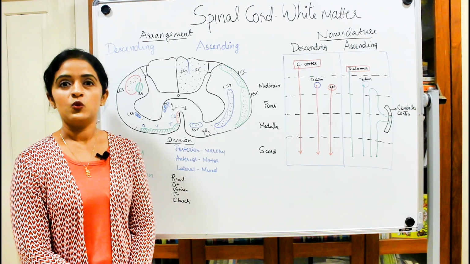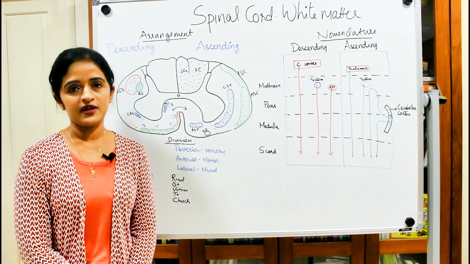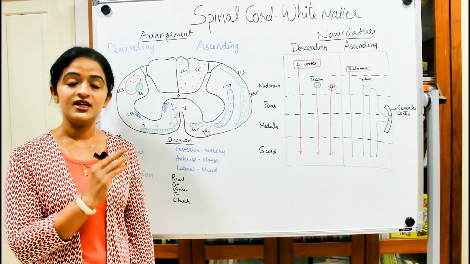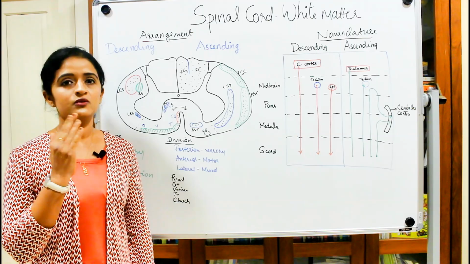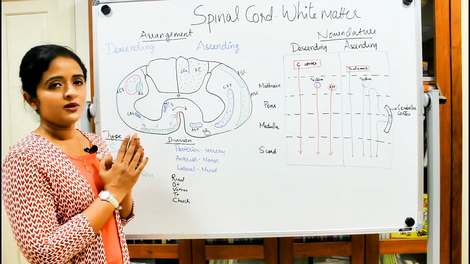So what do you mean by white matter? White matter means they are the bundle of nerve fibers. So in brain, when we talk about grey matter, it is the nuclei of neurons, whereas white matter means the nerve fibers. So we will come to the spinal cord.